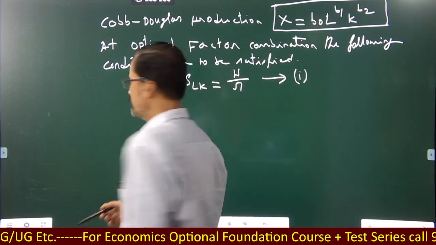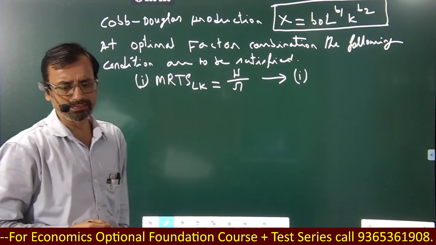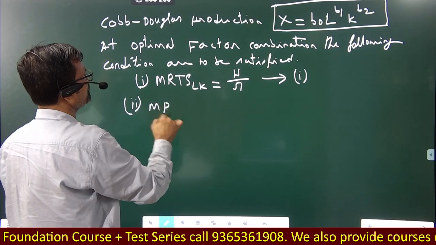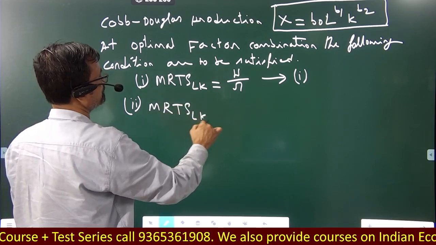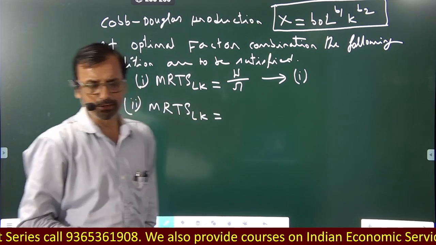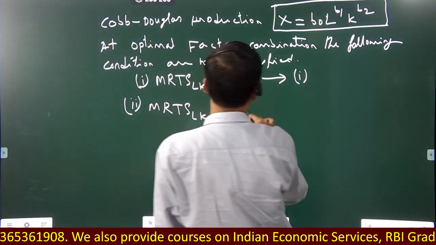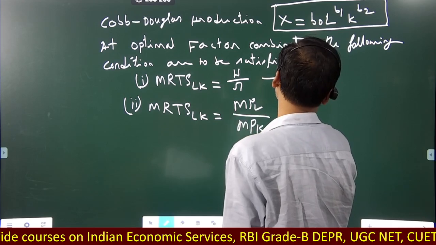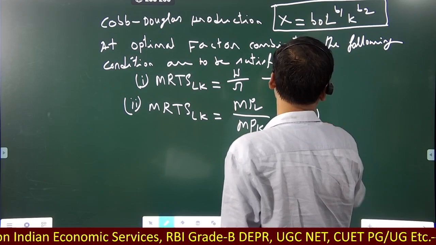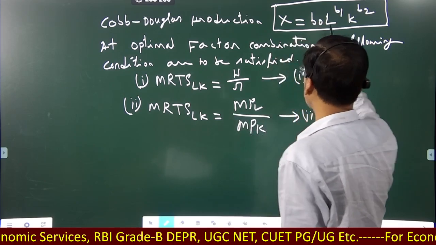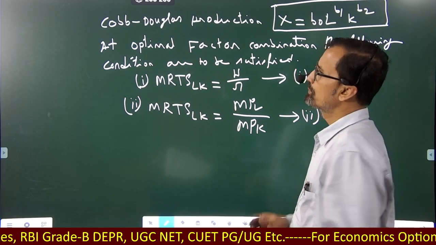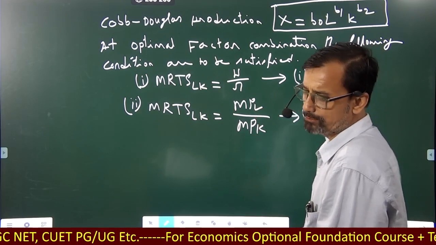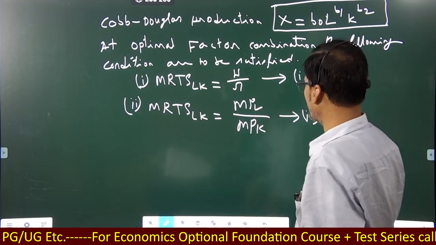Second condition, the marginal rate of technical substitution of labor for capital equals the marginal product of labor divided by the marginal product of capital. This is the second condition. So from this production function, we proceed to find the marginal product of labor as well as the marginal product of capital.